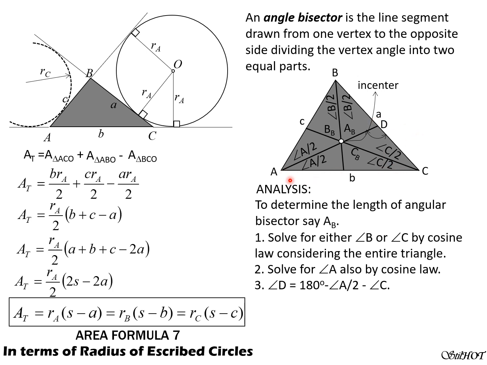So if this is the angle bisector through A, which I denoted A sub B, then we can compute this by sine law. By sine law, because angle D can be found, 180 degrees minus angle A over 2 minus angle C. So by sine law, A sub B as to sine angle C equals side B as to sine angle D.